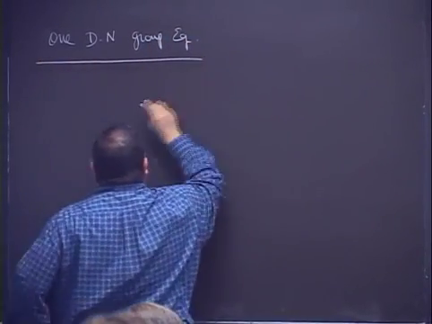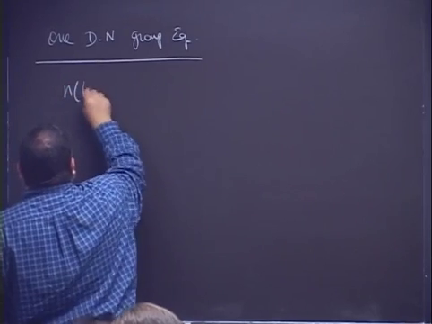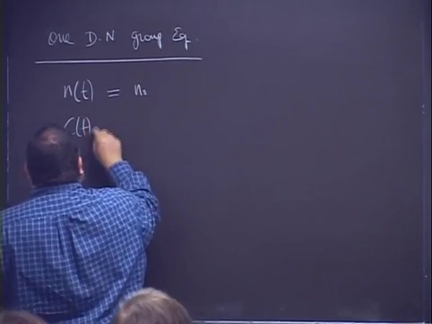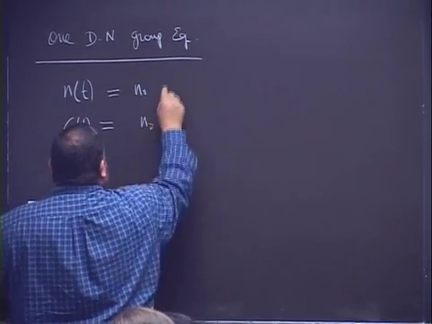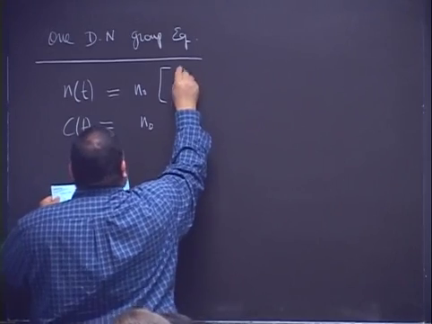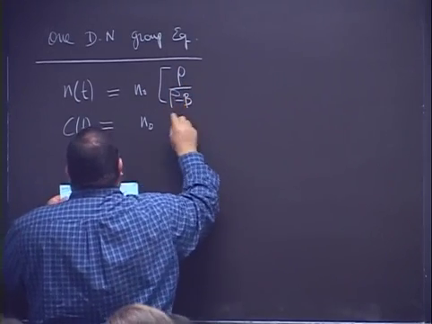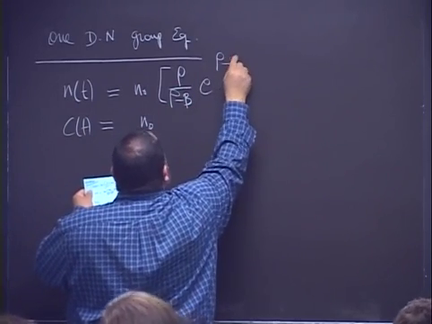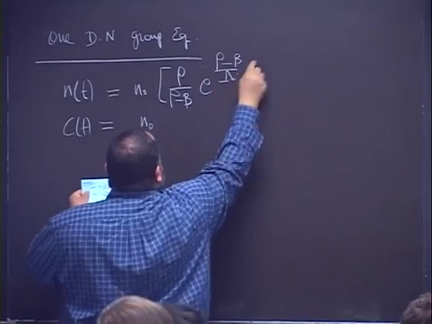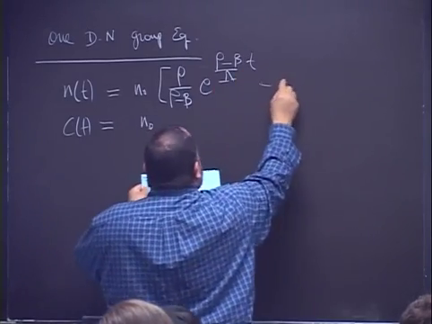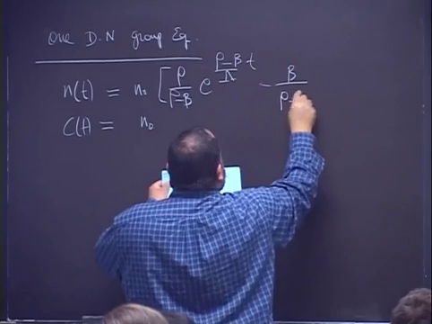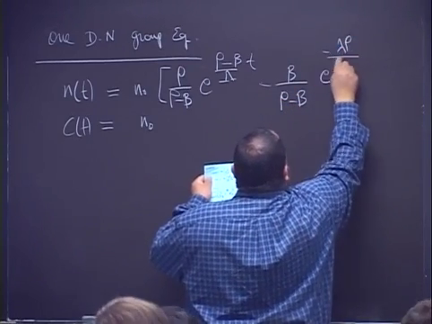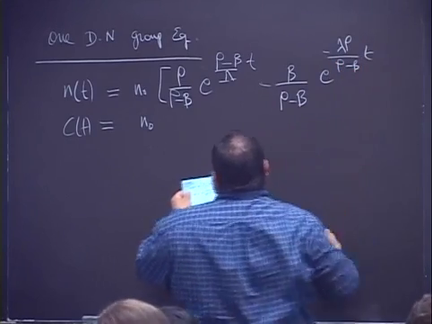And we showed that n of t is just n naught, and c of t is just n naught again. Here you will have rho over rho minus beta e to the power of rho minus beta divided by gamma multiplied by t, minus beta divided by rho minus beta e to the power of minus lambda rho divided by rho minus beta t.